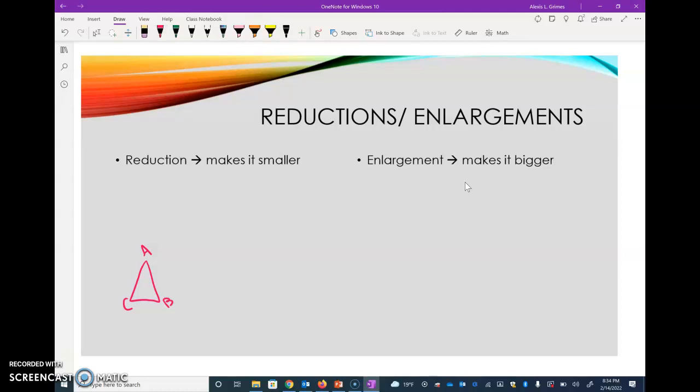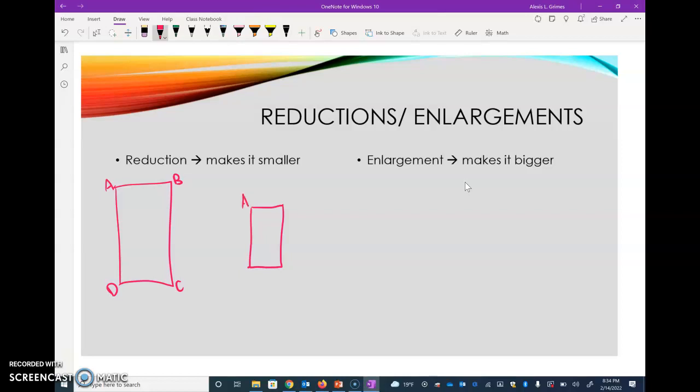So I guess I should draw a bigger one since I'm doing reduction first, right? Let's make it nice and big. And we don't only have to look at triangles. Let's look at a rectangle. So this one would be A, B, C, D. Name it however you want. Now I can take that same rectangle and make it smaller.